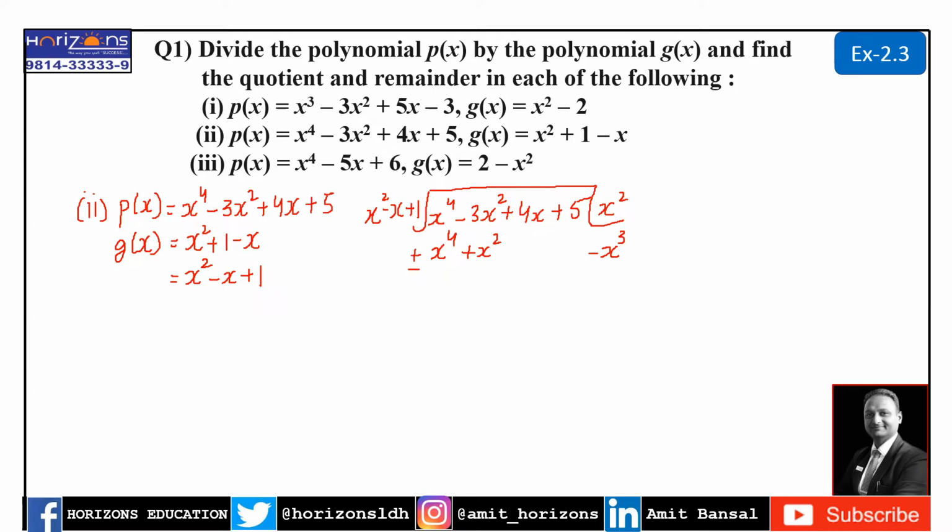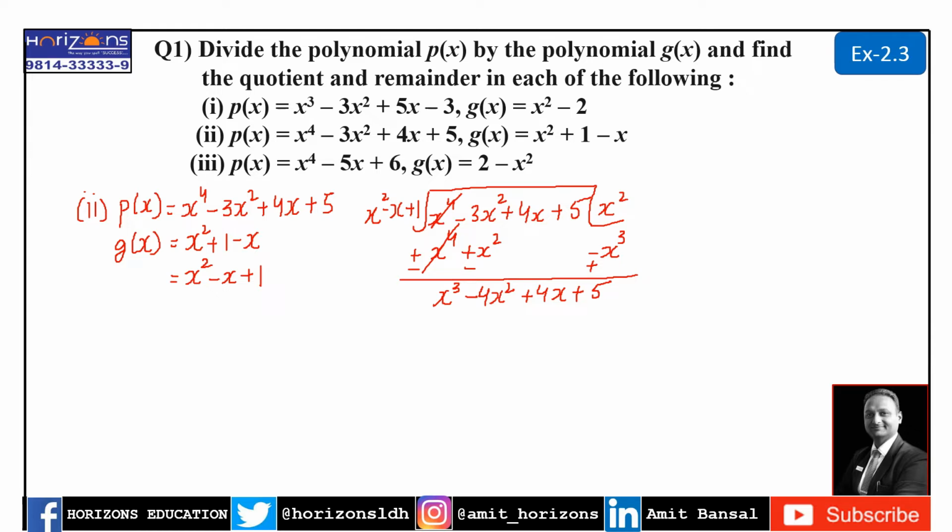Now changing the signs as we do in subtraction, x4 minus x4 will be cut, minus 3x square minus x square becomes minus 4x square. This x cube with the changed sign of positive I will be writing at the start because it being the highest power, and then plus 4x plus 5.